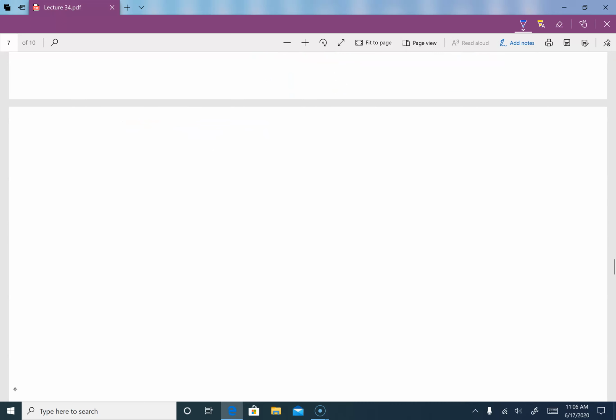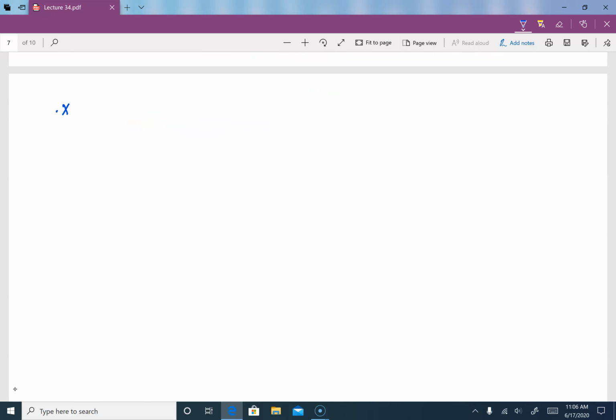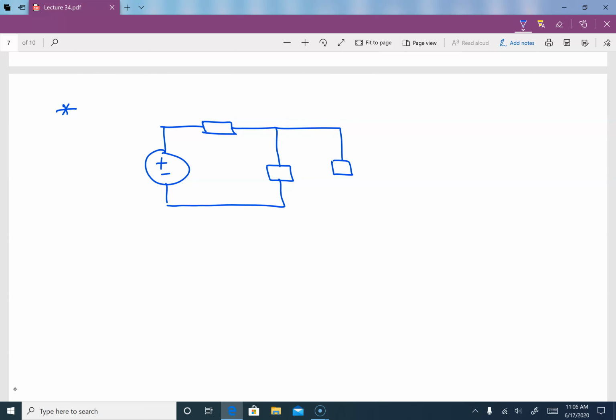Please pay attention to the following. If I have a system like this, this is, for example, 120 with angle 0 volt RMS. This is, let's say, 4 plus J5. This is, let's say, 2 plus J2.